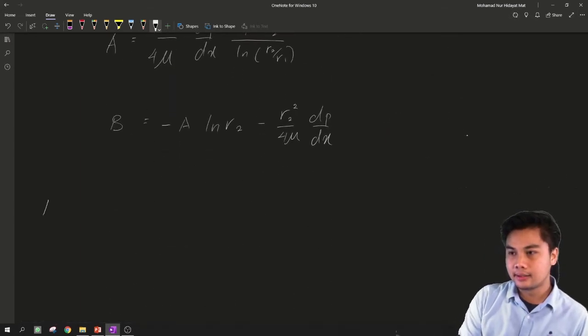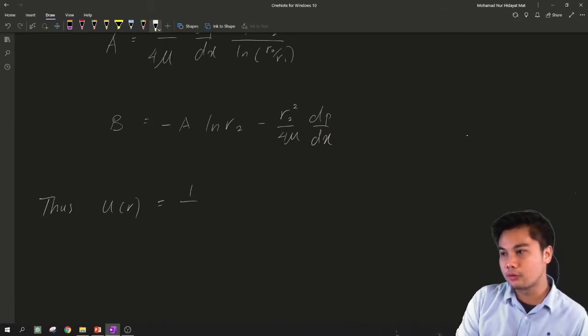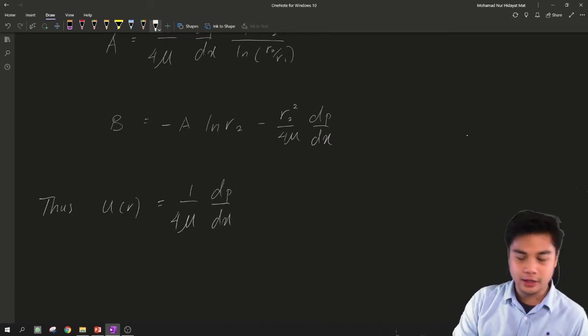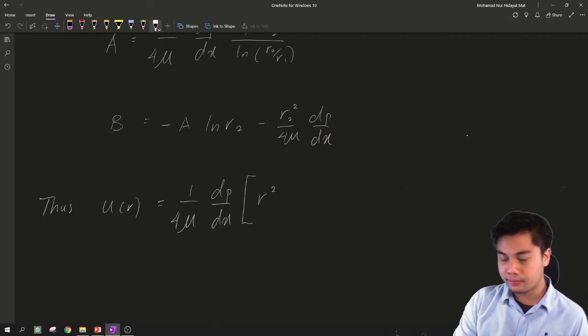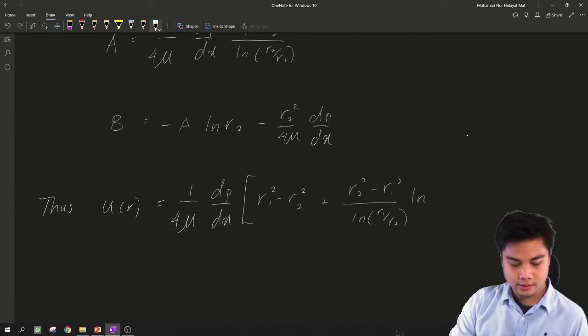Thus, our u of r is equal to 1 over 4 mu dp over dx. Substitute the values of a and b. Finally, you will get r squared minus r2 squared plus r2 squared minus r1 squared over ln r1 over r2, times ln r over r2.